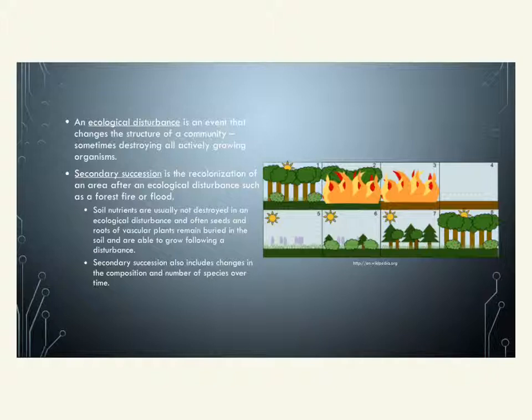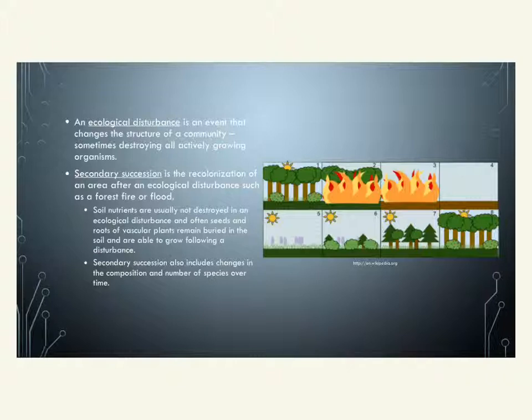Generally, this is going to happen a lot faster, and that's because usually in these events the soil nutrients aren't lost. In fact, sometimes you would need a fire like this to cause the next generation to start growing.